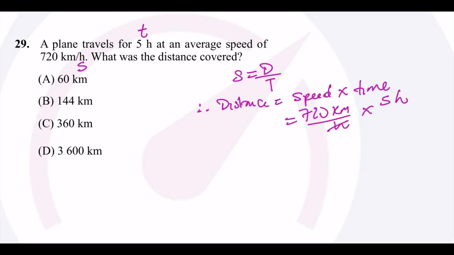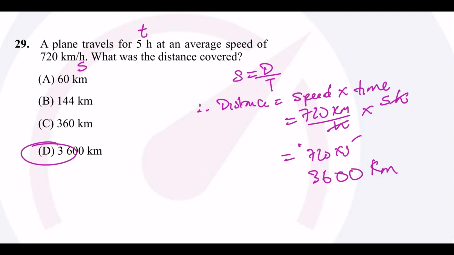So we know the hours cancel hours, and then we have 720 times 5: 5 twos are 10, carry 1, 7 fives are 35 and 1 is 36. So we get 3600 kilometers. So our answer would be D.